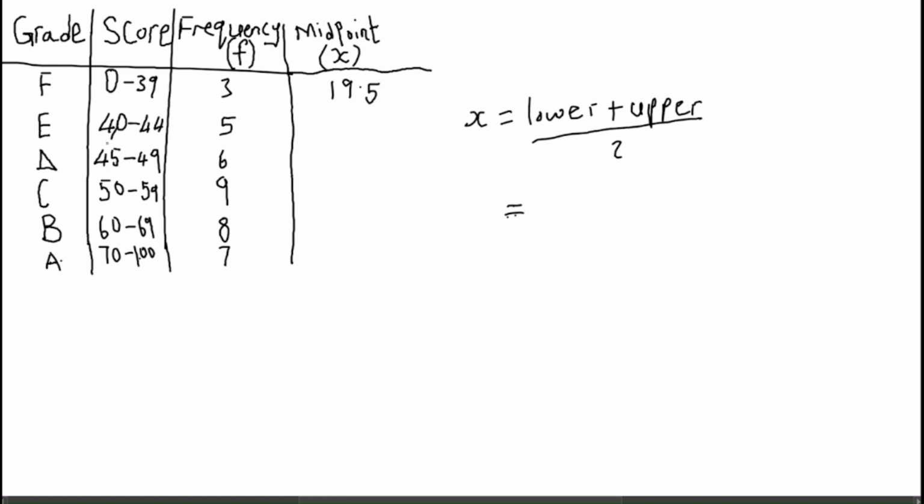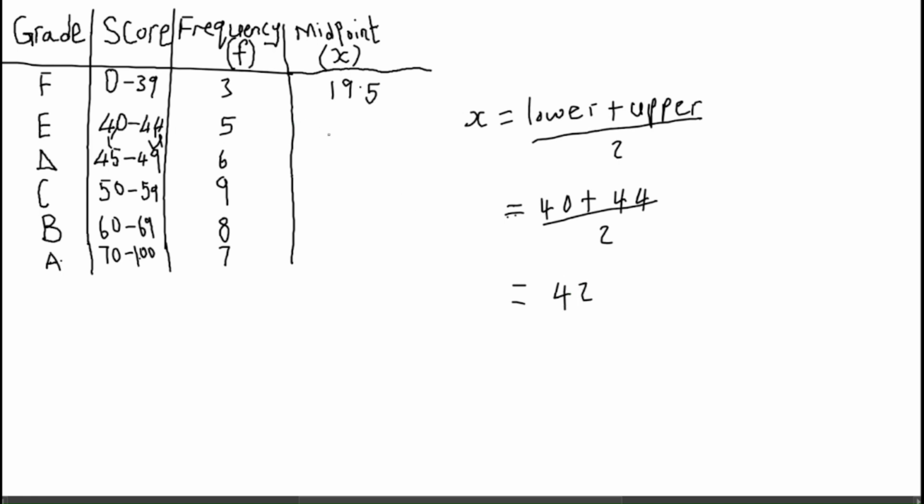In the second interval, 40 is the lower limit, 44 is the upper limit. So the midpoint is going to be 40 plus 44 divided by 2. 40 plus 44 is 84. Divided by 2, we have 42.